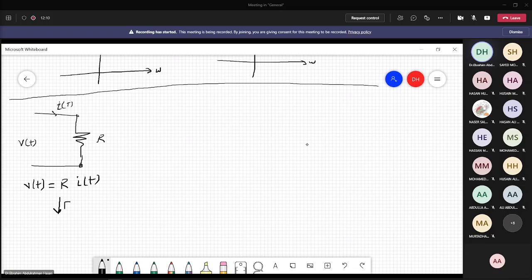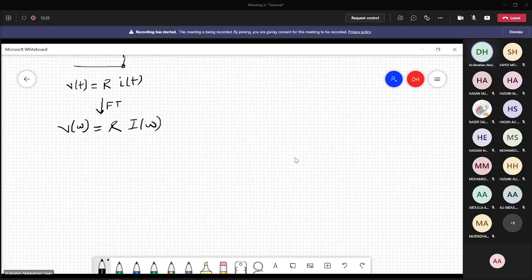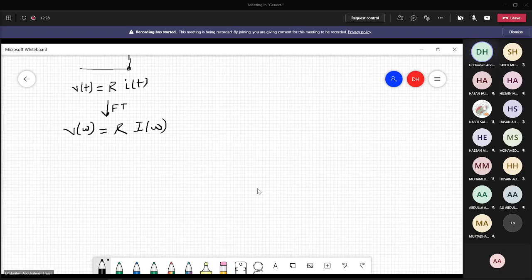If you use the Fourier transform, it becomes V of omega equal to R, a constant, multiplied by I of omega. In phasor form, the equivalent is again R, and here we put V complex, because V of omega is complex. Similarly here, I complex. We call this phasor, in the frequency domain.